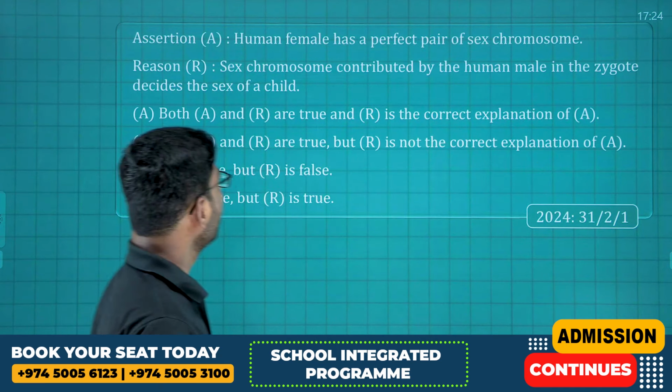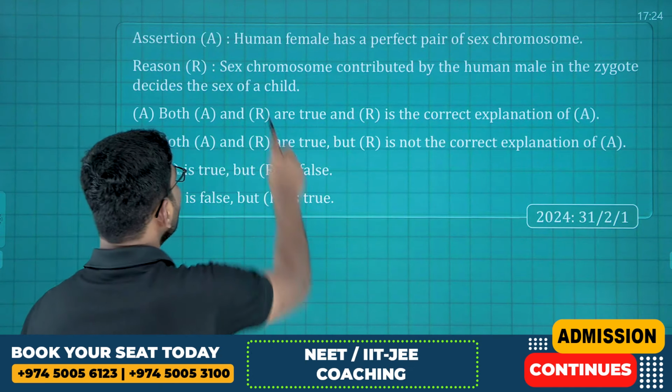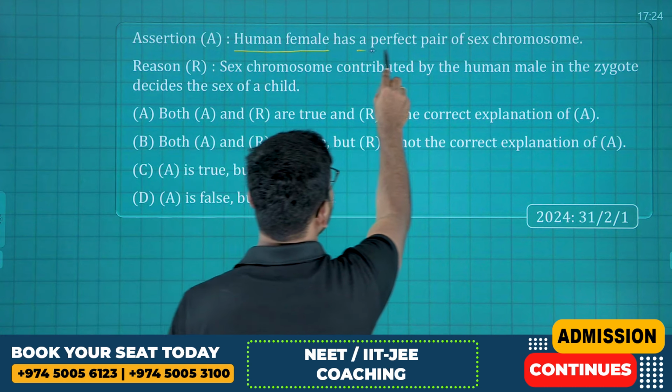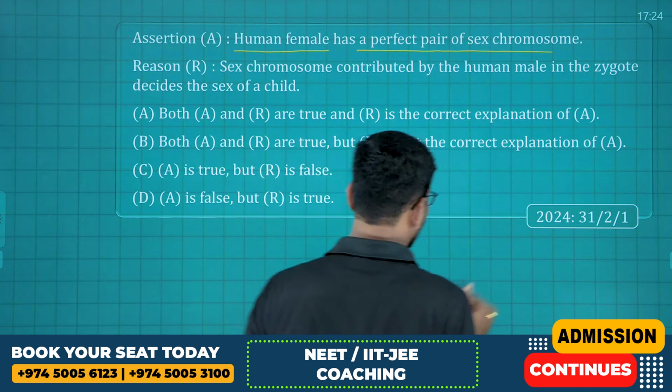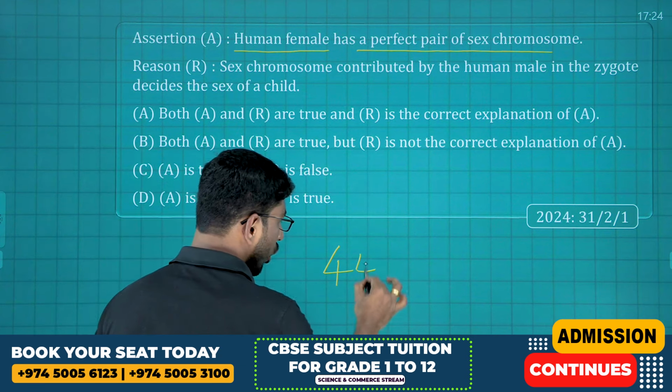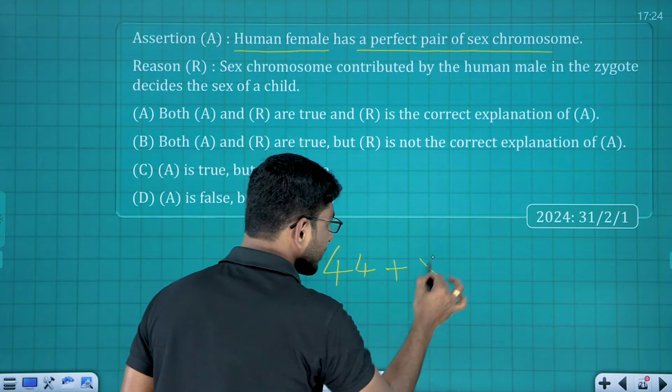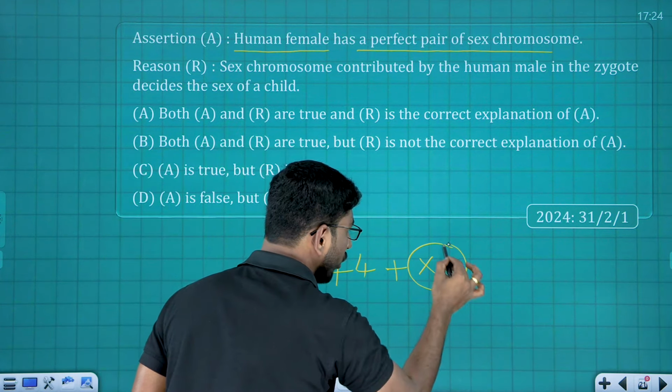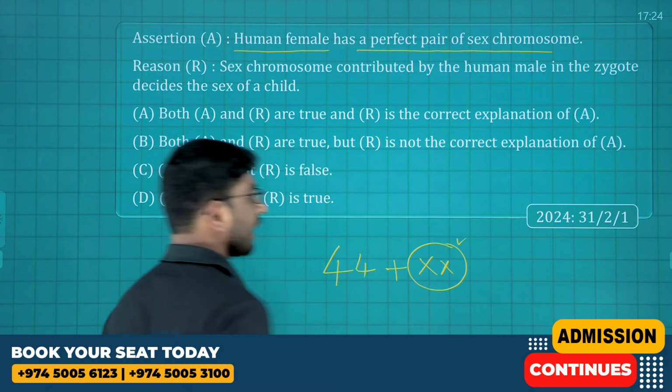Next question. Assertion and reason. Human female has a perfect pair of sex chromosome. Human, who is that? Female. 44 autosome plus XX. Look at the perfect pair of sex chromosome. Statement correct.